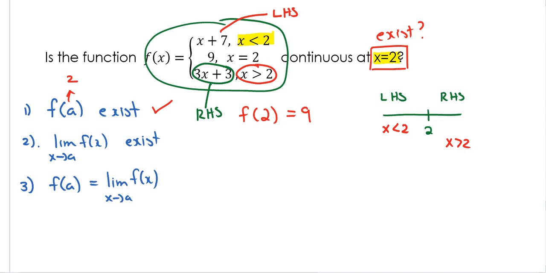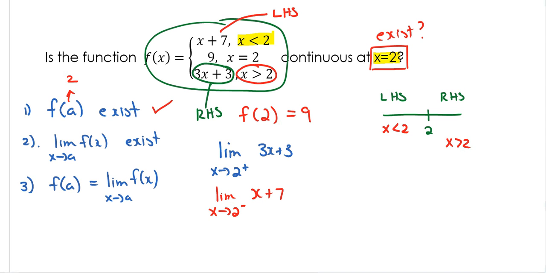All right, so let's evaluate the limit now. If I evaluate the limit as x approaches 2 from the right-hand side, this is going to be 3x plus 3. And if I evaluate my limit as x approaches 2 from the left, this is going to be the function x plus 7. From here, you just want to use direct substitution.